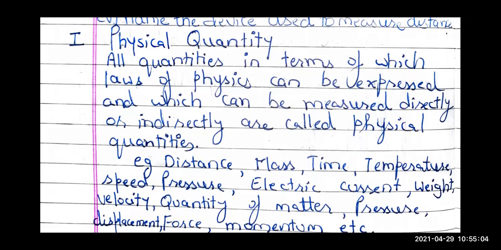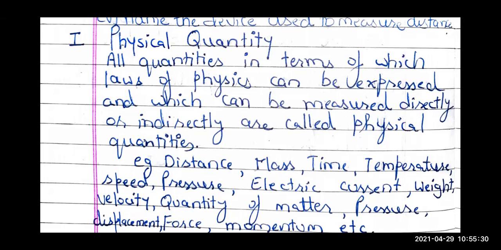For example, if I ask you what is the time right now? You will say, ma'am, the time is 11 o'clock, right? That you measured with the help of the clock. So all those quantities which you can measure, either directly or indirectly.